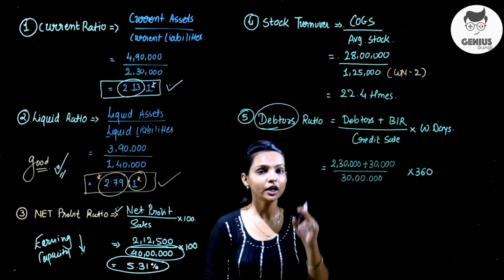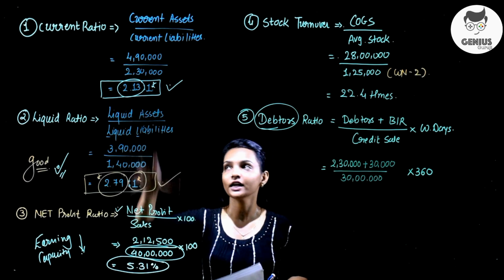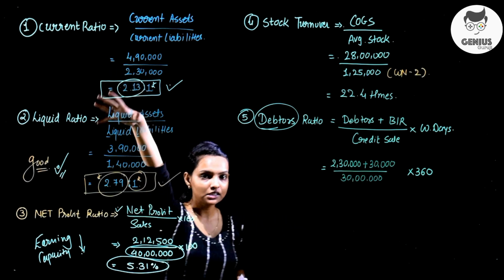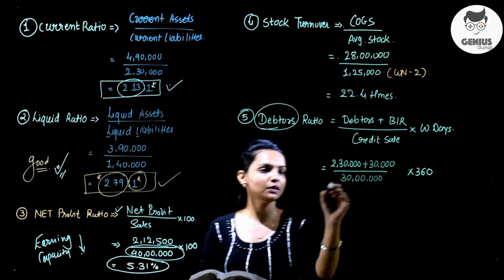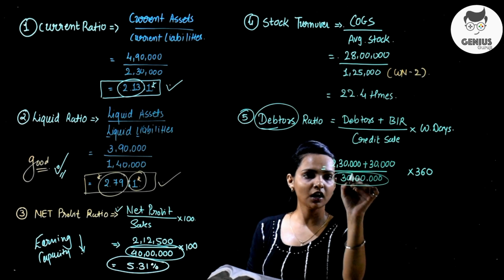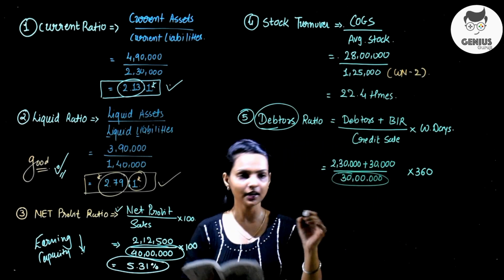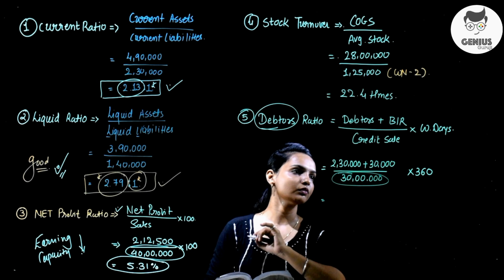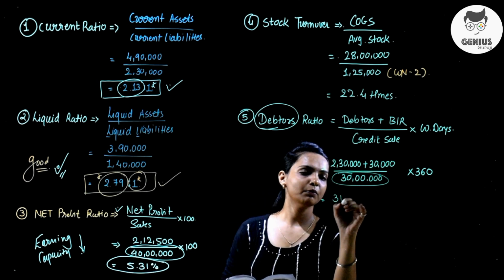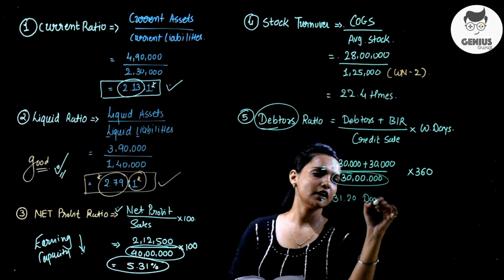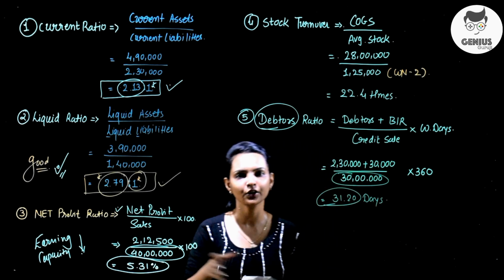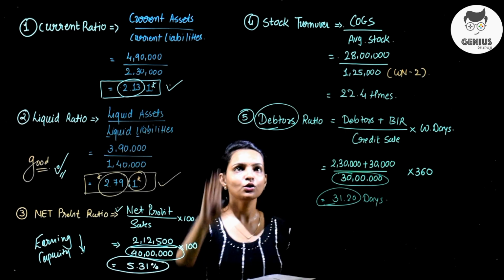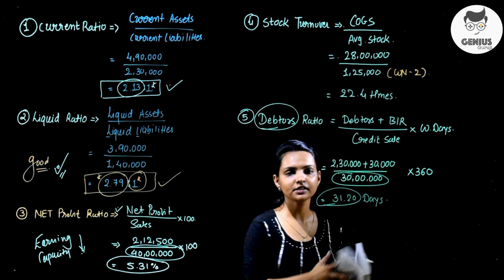Whichever I have calculated in first working note, I have mentioned over here sales, credit sale और कैश सेल की अमाउंट, उस पर से हमने क्रेडिट सेल को फाइंड आउट किया था और वो हमारा बेस है और हमारा आंसर होगा 31.20 days approx. Okay, days are not counted in points, so you can say 31 days. Clear? So this is the entire about debtors ratio.